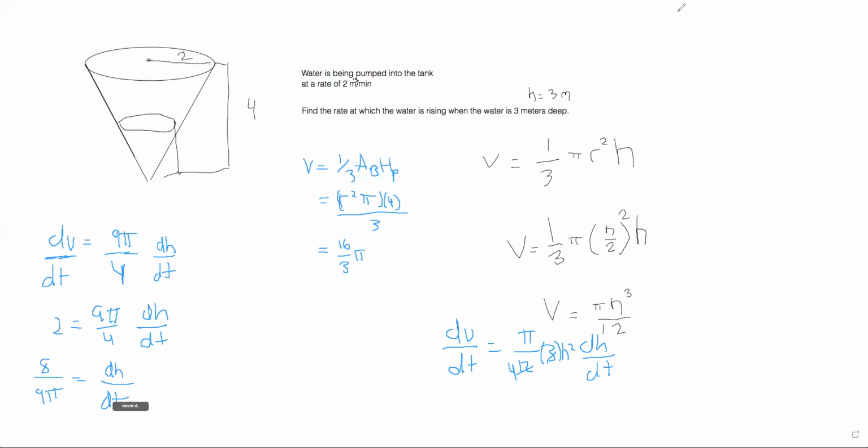All right. So the water is rising at 8/9 pi meters per minute when the water is 3 meters deep. Yep, perfect.